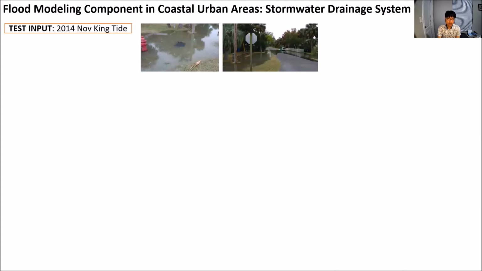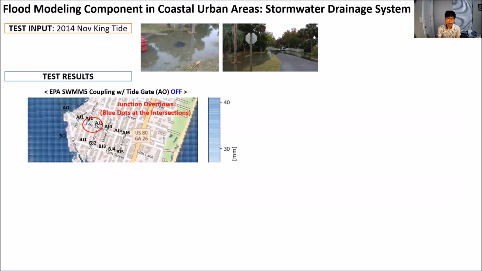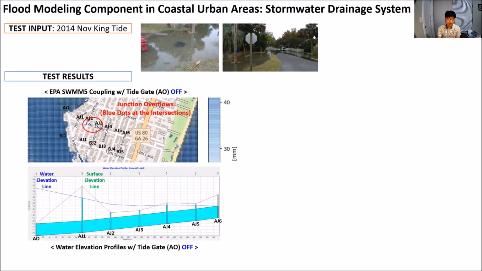If we impose the high tide at the outfalls, like the 2014 king tide event, without the tide gate, you can find the blue dots in the red circles, which represent the overflows at these junction locations. The sectional water elevation profile shows the blue water elevation line is higher than the green surface elevation line.